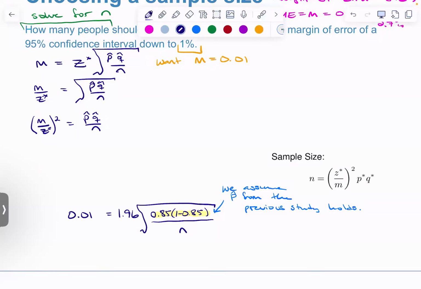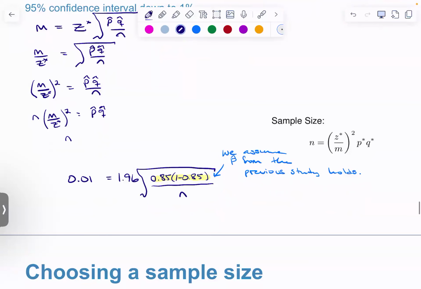To solve for n, I think the easiest way to do it is to multiply this n over here, and then also divide the rest over here. So what I get is n times m over z star squared is p hat q hat. Solving for n, I get p hat q hat over m over z star squared.